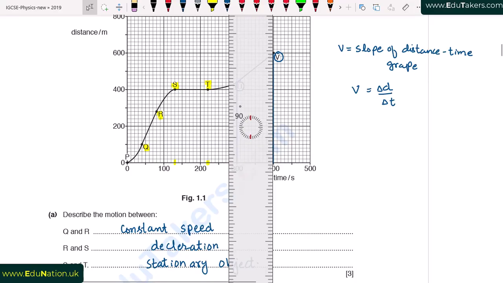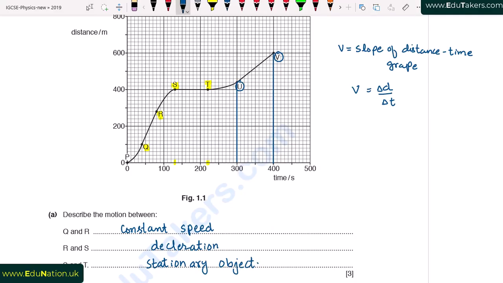So here we can see that the first time is 300 seconds and at point V the time is 400. So I write here T1 is equal to 300 seconds while T2 is equal to 400 seconds.